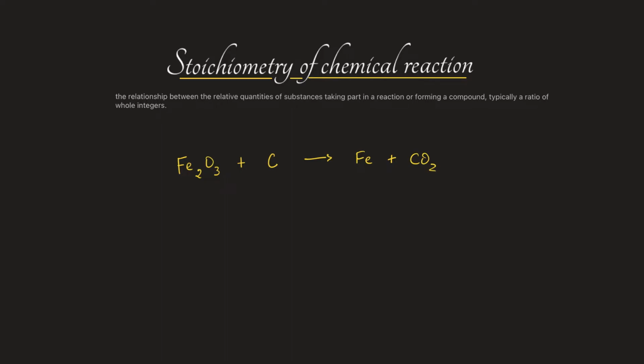Something as important as the production of iron is actually achieved by a very simple chemical reaction in which iron(III) oxide reacts with carbon to give liquid iron, it's liquid because it's at a high temperature, and carbon dioxide gas.